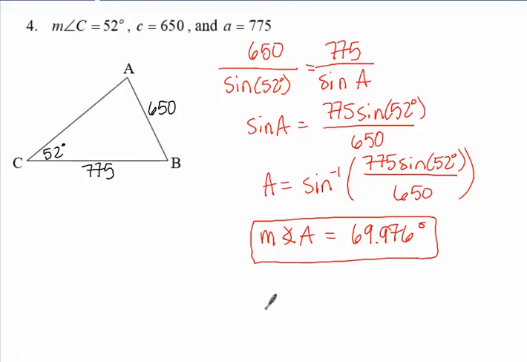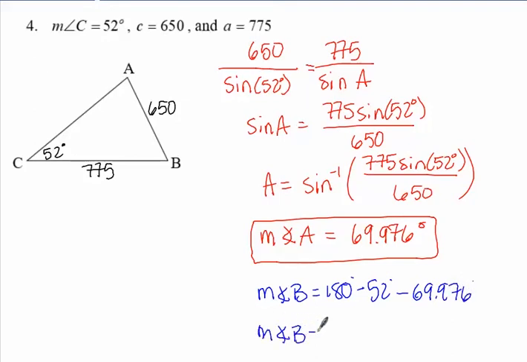Now that I know the measure of angle A, I can find the measure of angle B. This is 180 minus angle C minus angle A. So the measure of angle B is 58.024 degrees.